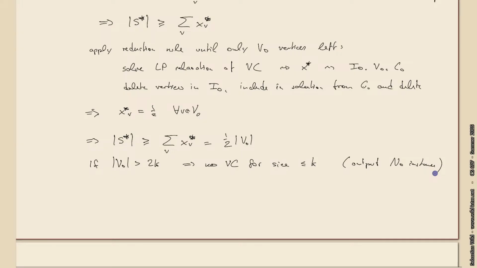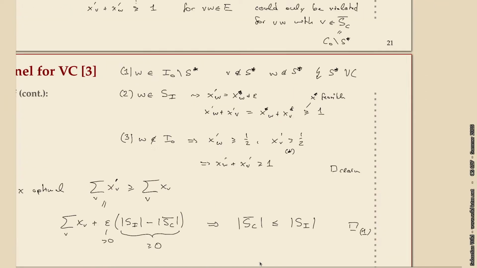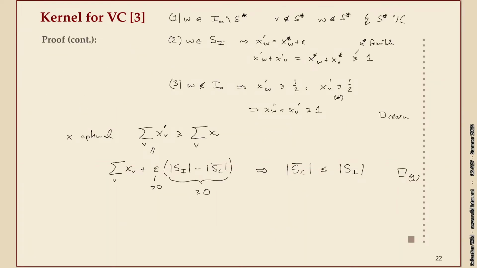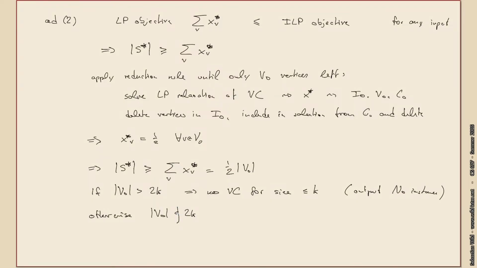And in the other case, it means we don't have a lot of vertices. And so we get a bound on the number of vertices in the kernel.